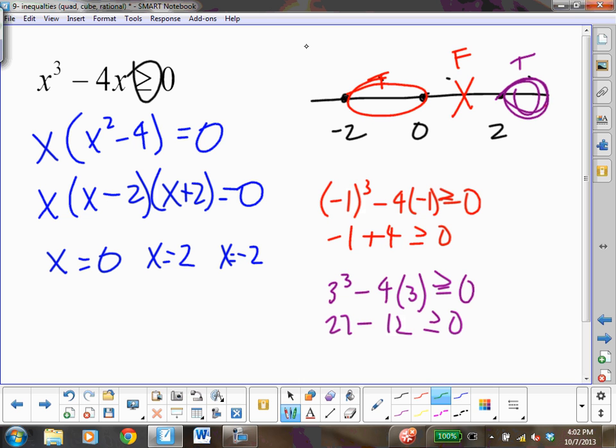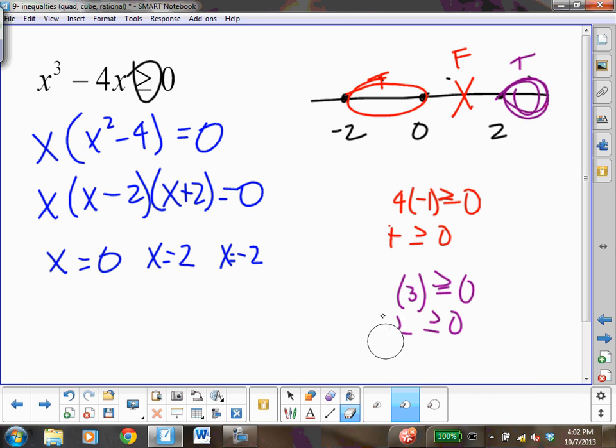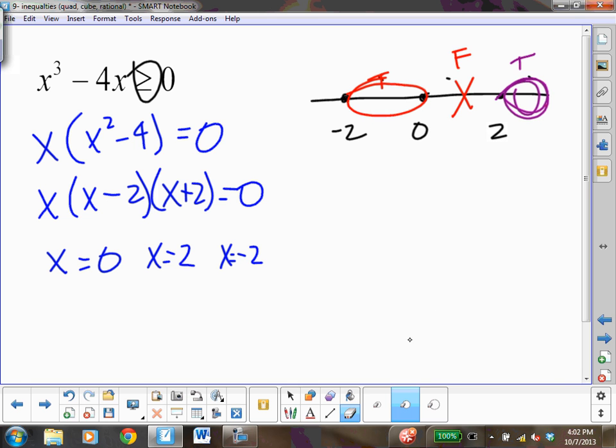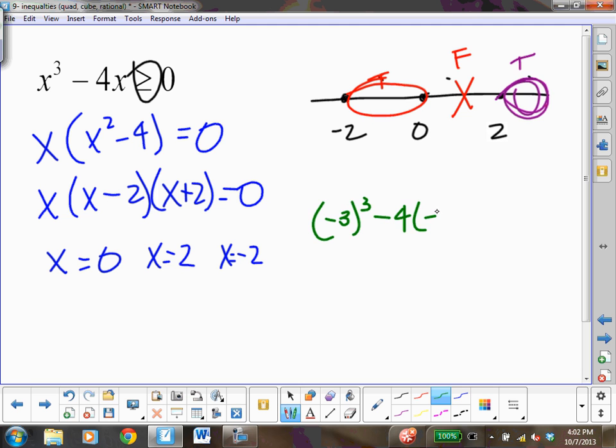Now, I need to pick a number less than -2 to test the final interval. How about I test -3? So -3 to the third minus 4 times -3 is greater than or equal to 0. So this is -27 plus 12, which is a negative number, which is not greater than or equal to 0. So this portion would be false.